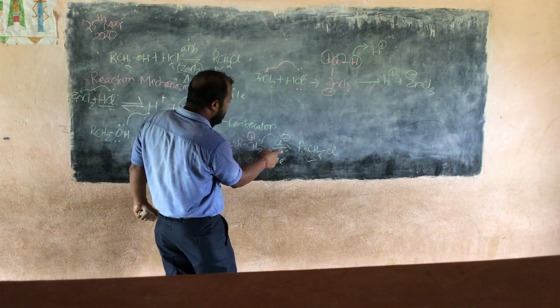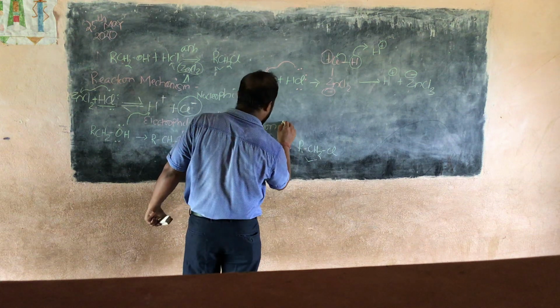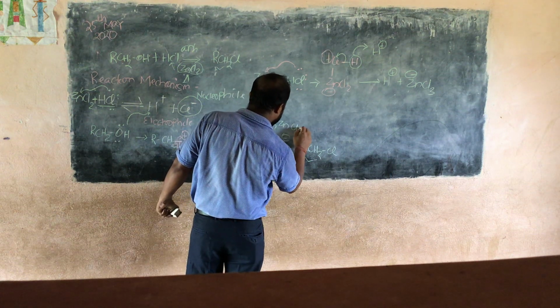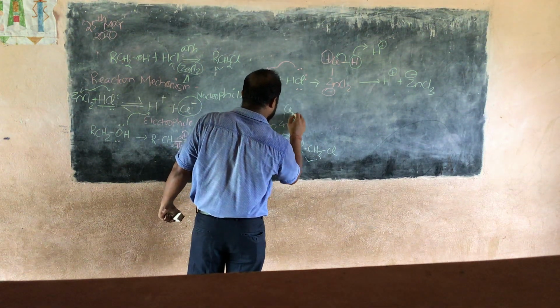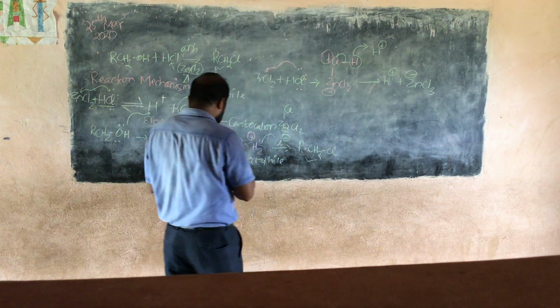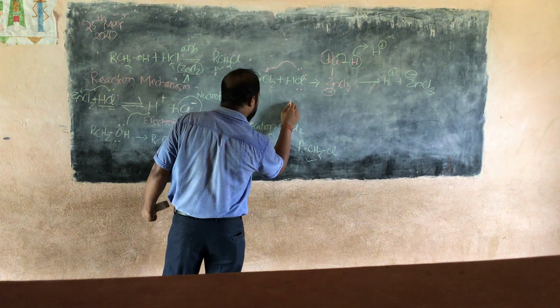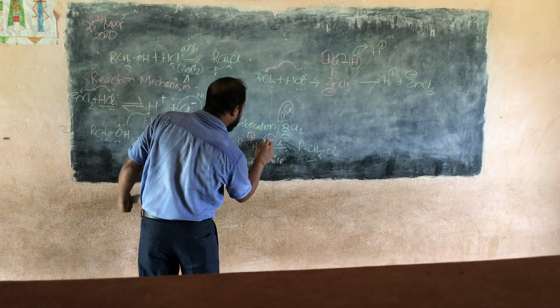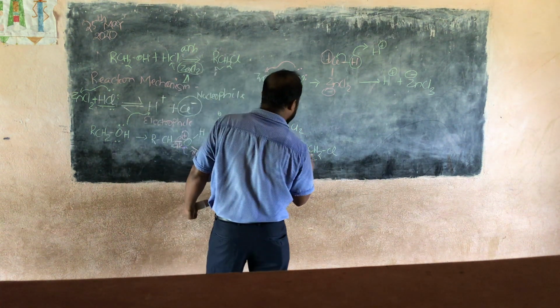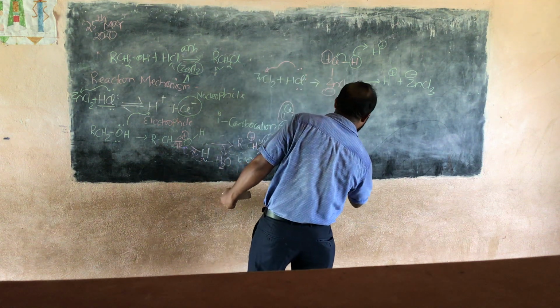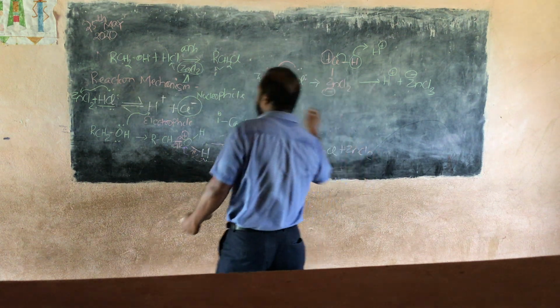Instead of Cl minus, now we have ZnCl2 and Cl, this is minus. So now this chloride anion will come and attack here, and you will get RCH2Cl plus zinc chloride. It is a catalyst.